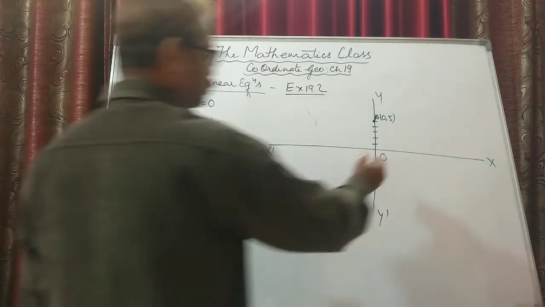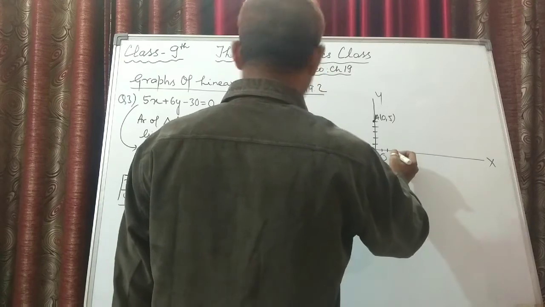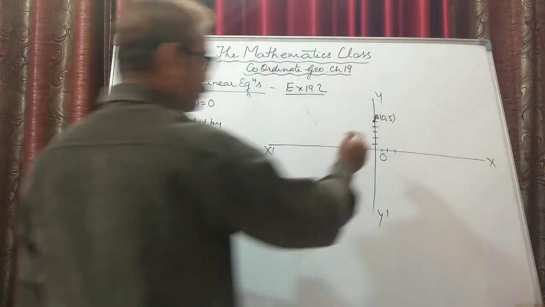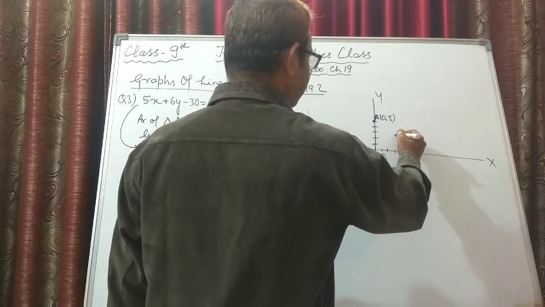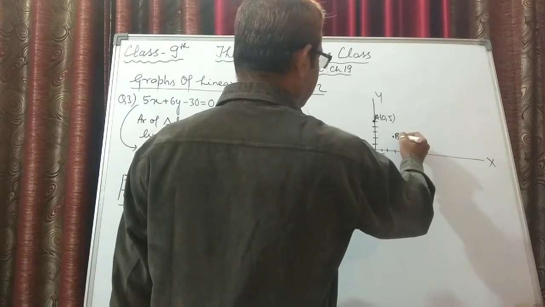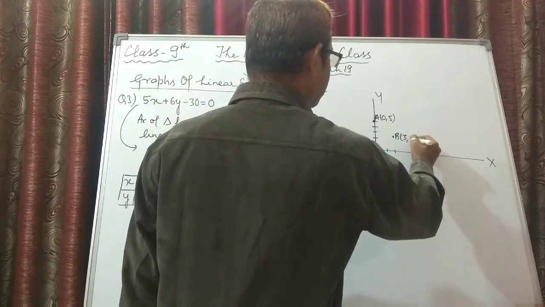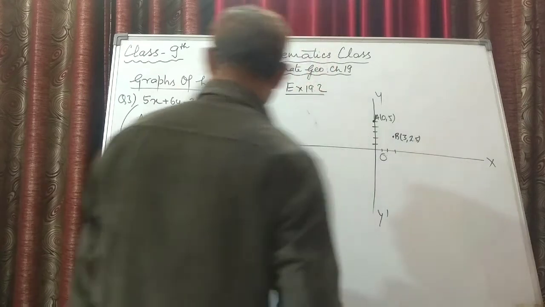B is x equal to 3, 1, 2, 3, and y is 2.5. So 1, 2.5, somewhere here it should be coming. B is (3, 2.5).